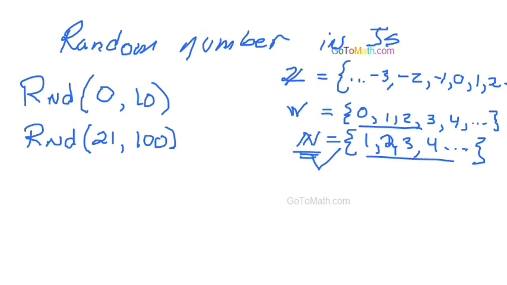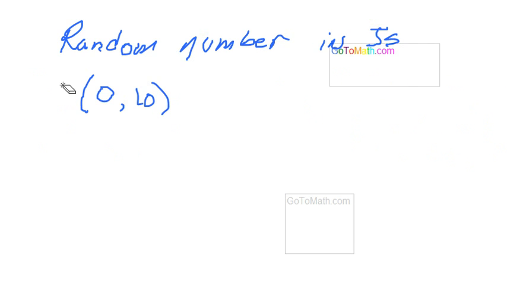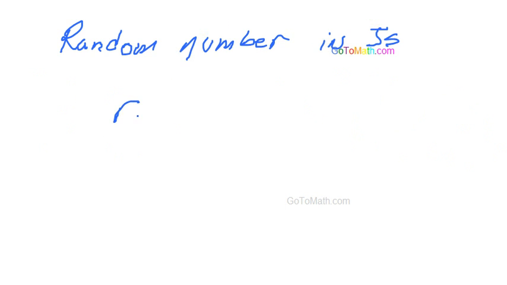All right, so JavaScript has a built-in method called the random method, and it doesn't take any parameters. And of course we've got to throw on Math out here on the front.